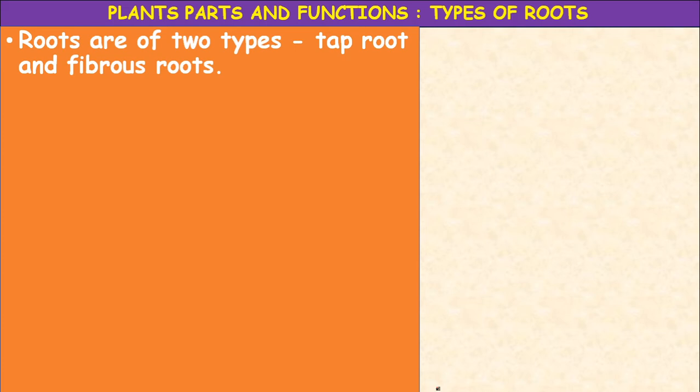In pot A, we planted a weed with roots, whereas in pot B, we cut the roots of the plant and planted it. Water both the plants regularly.